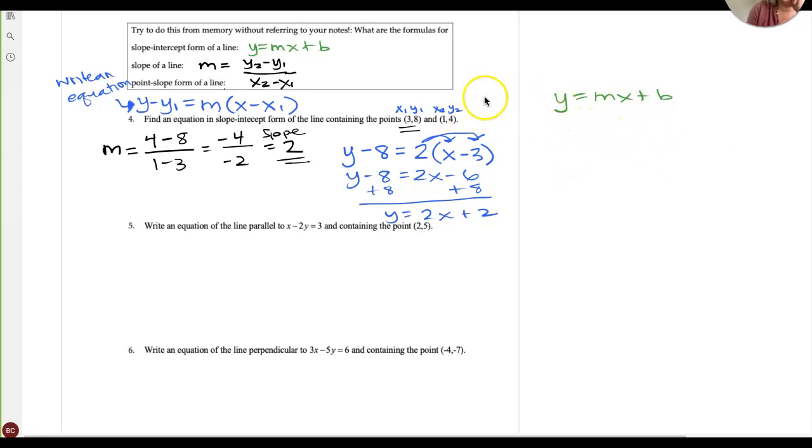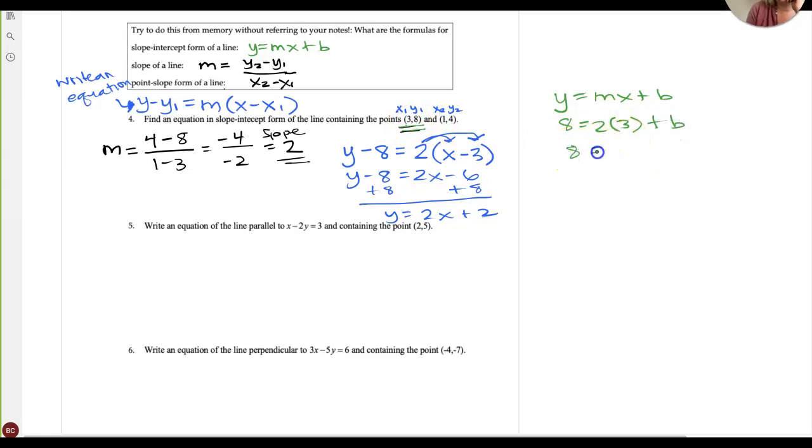Let me show you this way, just in case some of you are more familiar with it. Here we put numbers in place of our y, our x, and our slope, and we're trying to find our y-intercept. I'm going to choose this same point, 3, 8. So I'll have 8 equals 2, my slope, times 3, my x, plus b.